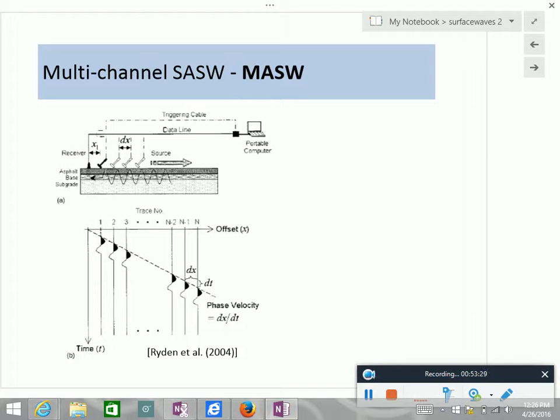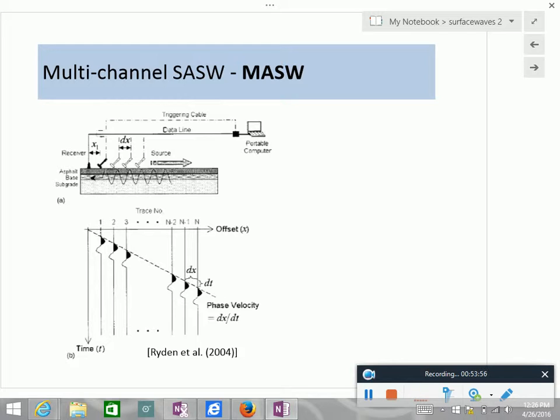One way to make everything better was to look at multi-channel SASW. That means instead of having only a pair of transducers, you have a large number of transducers, as you can see here. And instead of working with one dispersion curve, you work with the whole dispersion plane. It's actually very easy to do.